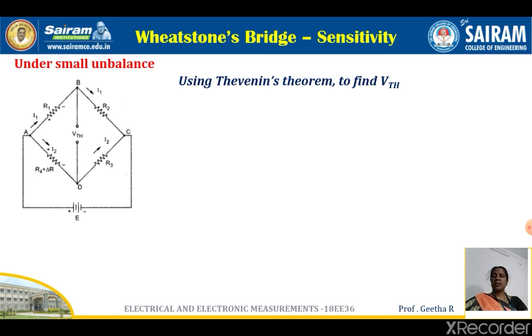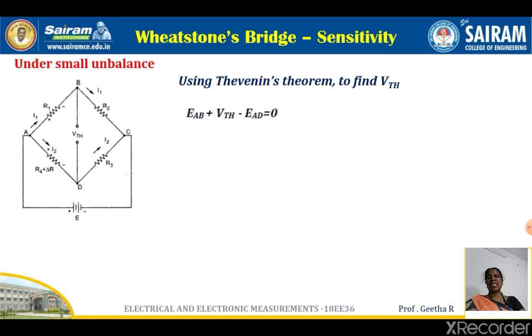So using the theorem, we need to calculate Thevenin's voltage, that is VTH, and also the RTH, that is R equivalent. First we will start with VTH. If you consider the loop ABDA, there are R1, then B to D, VTH.